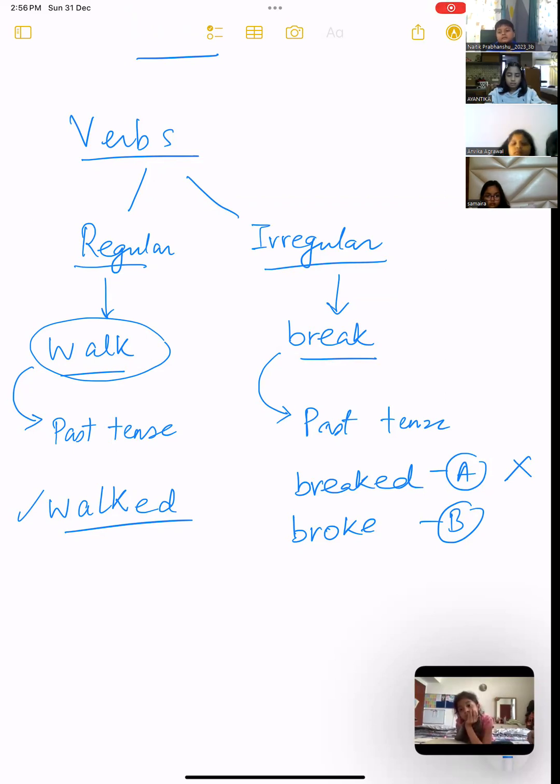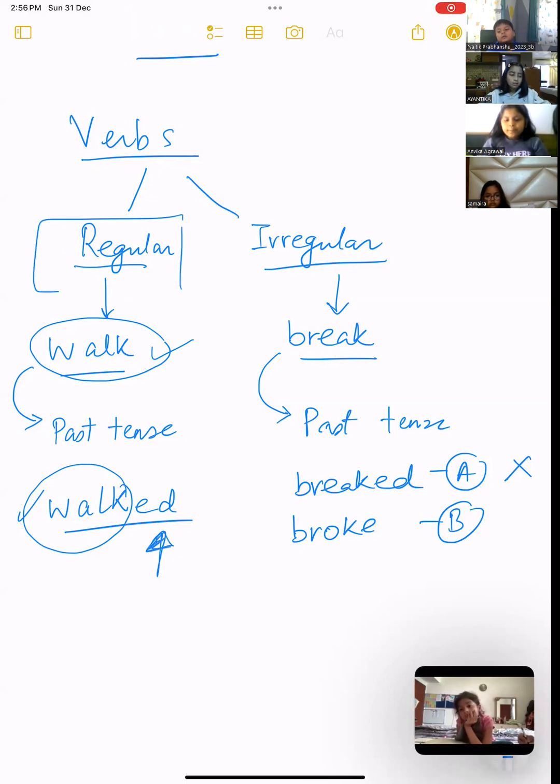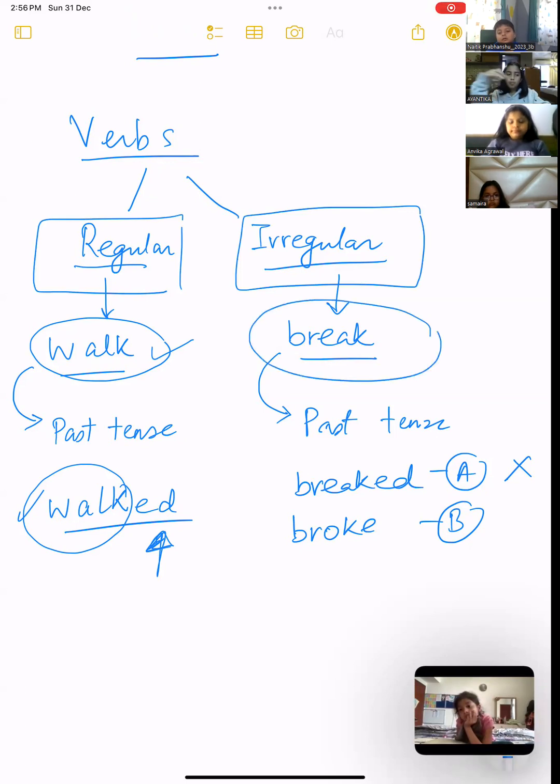But the fresh word is the base verb. So when the spelling remains as it is, see, walk is as it is, and we have just added a suffix, such verbs are known as regular verbs. Coming to irregular verbs, when the entire spelling changes, like break has become broke, these are irregular verbs.